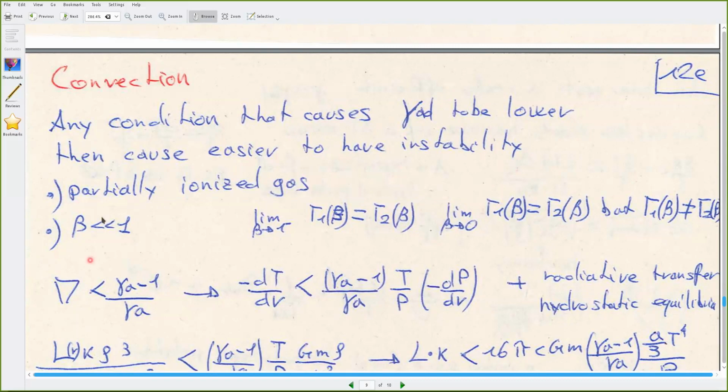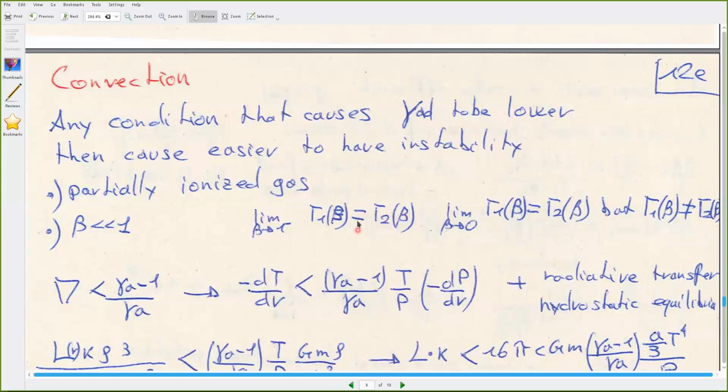Or if you have beta definitely smaller than 1, that means that radiative pressure is more important than the gas pressure.